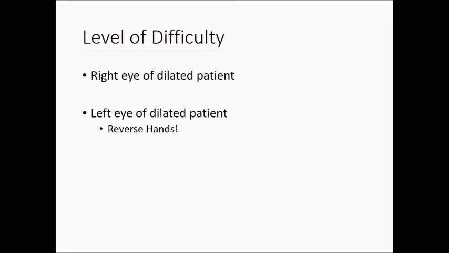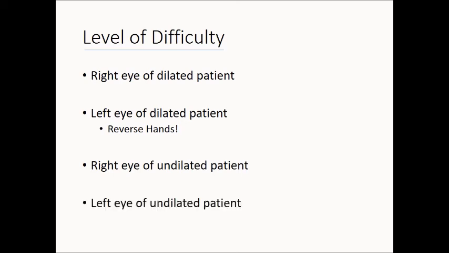Your direct ophthalmoscope needs to be held in your left hand, and you need to be holding it up to your left eye. When you've mastered that, then go back to the right eye, but of an undilated patient, and then your final challenge would be to examine the left eye of an undilated patient. Again, all this assuming that you're right-handed. If you're left-handed, then everything would be reversed on this slide.